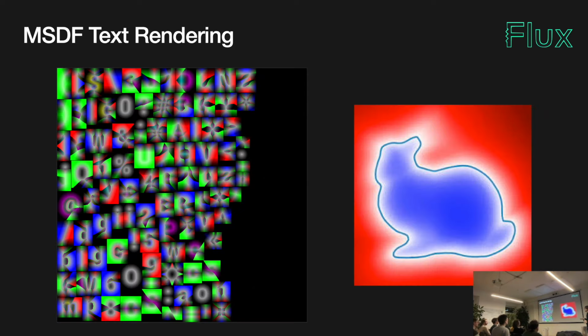So a thing that came out some weeks ago is a very cool method called the multi-channel signed distance field, from a computer graphics paper from some years ago, in which we don't encode the fonts as an image on its own, but as the distance from the shape to that pixel, so that we are able to interpolate it and generate text of much higher quality.